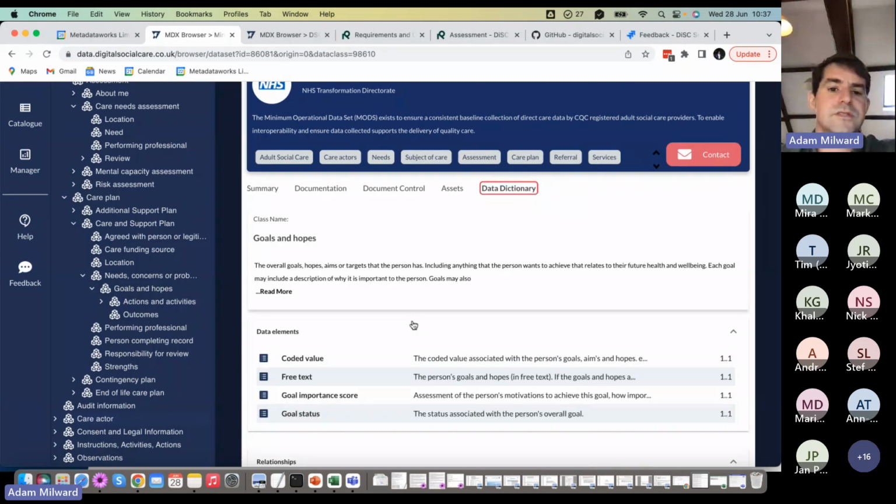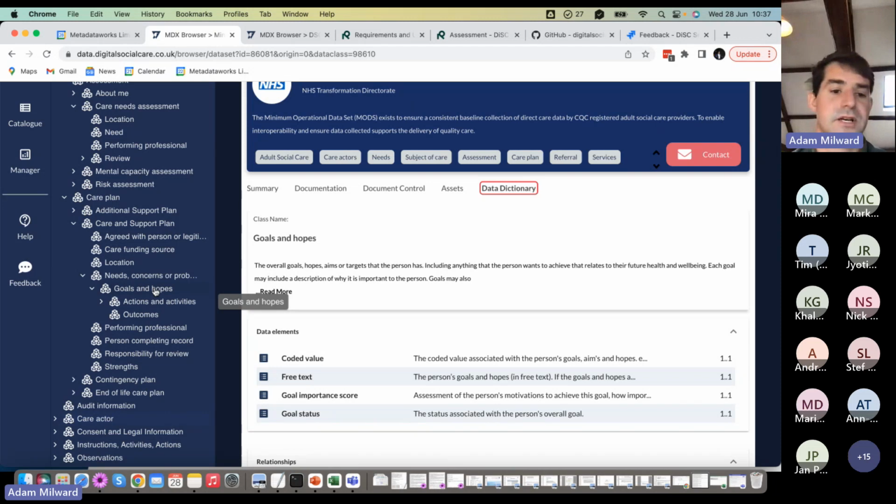The other thing that we saw, and there are different ways of interpreting this part of the model, is that the goals and hopes, your actions, activities and instructions, could, rather than one need having a set of goals and hopes and a set of actions and activities, be such that you could have a goal and a hope that was associated with multiple needs, so that relationship could be slightly different.